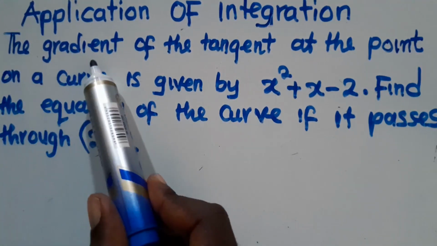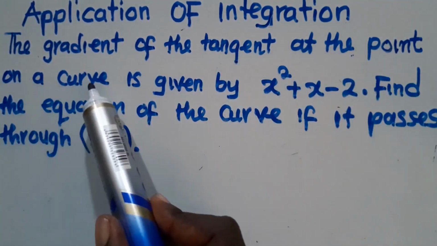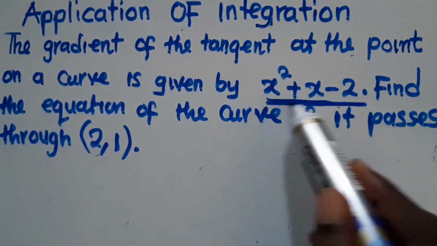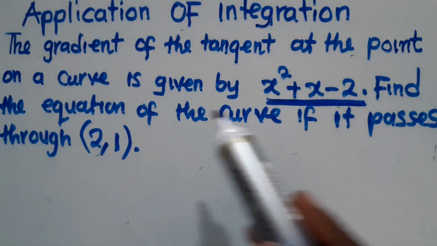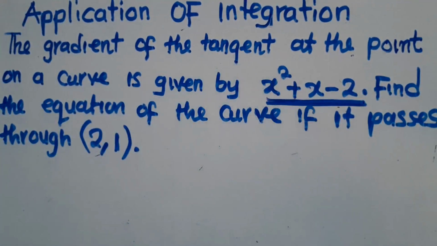So the question is saying, the gradient of the tangent at the point on a curve is given by this expression. Have you seen? The question is saying the gradient of the tangent. The gradient of the tangent is just the same as the gradient function. It is just one and the same.